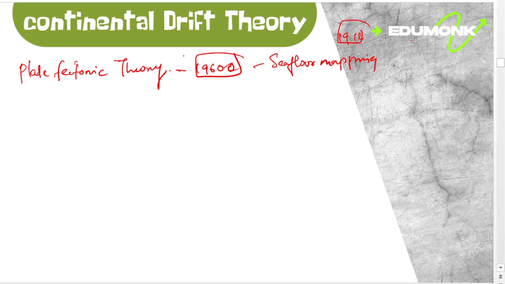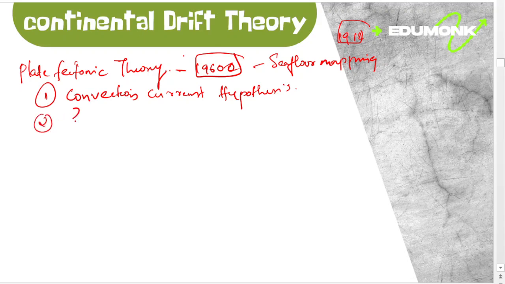First one is the convection current hypothesis, and second, the concept of seafloor spreading. The convection current hypothesis was proposed by Arthur Holmes, and the seafloor spreading theory was proposed by Hess.